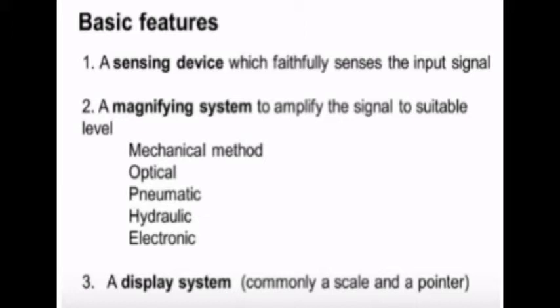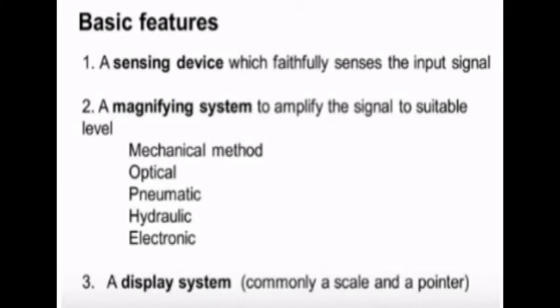For this magnification, different methods are used, like the mechanical method, optical method, numerical method, hydraulic method, or electronic method of magnification. Any comparator will essentially consist of a display system. Commonly a scale and a pointer is used. So these are the various types of comparators.